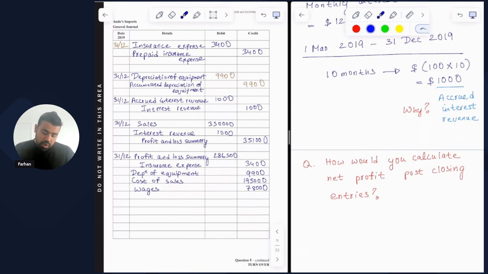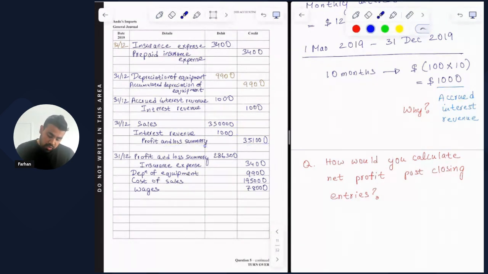So first of all, we are debiting sales by $350,000, then we debit interest revenue by $1,000, which is the other income that we just found out from the last additional information. And the total of both these revenues comes out to be $351,000, which is what we are crediting with the profit and loss summary. Okay.